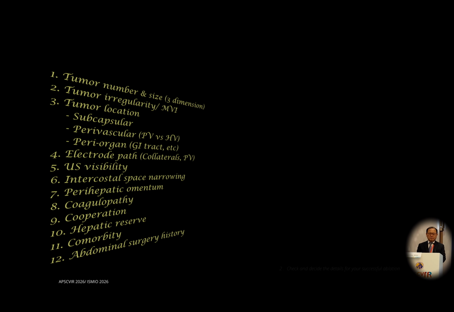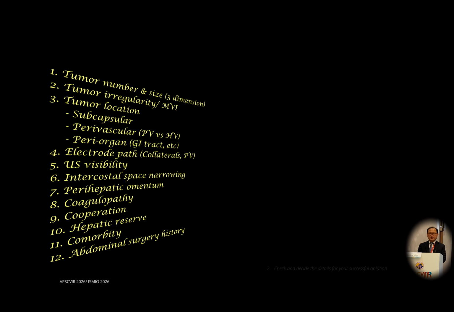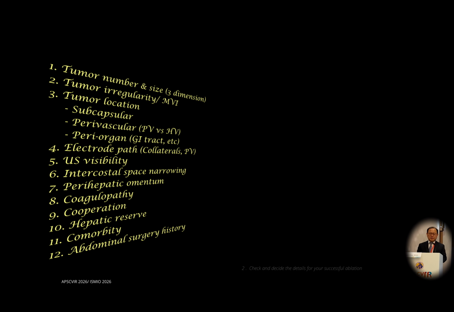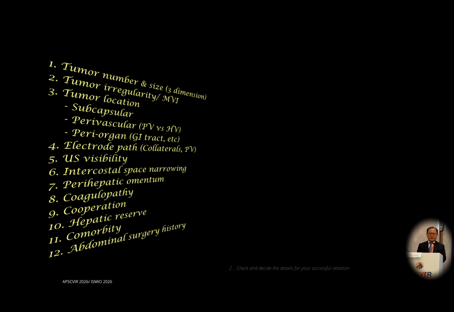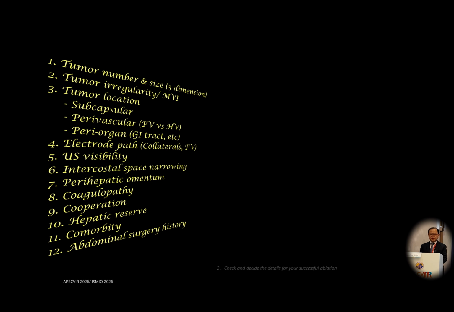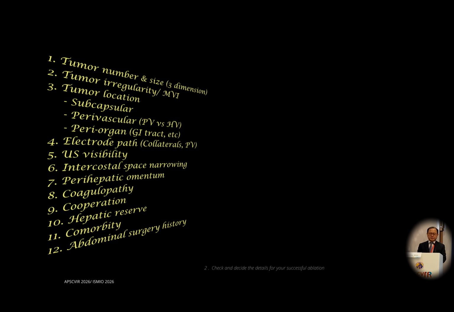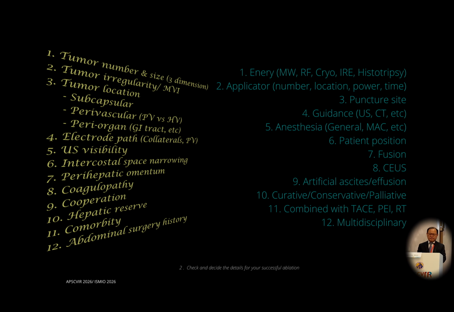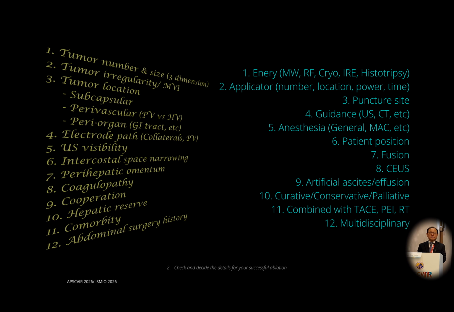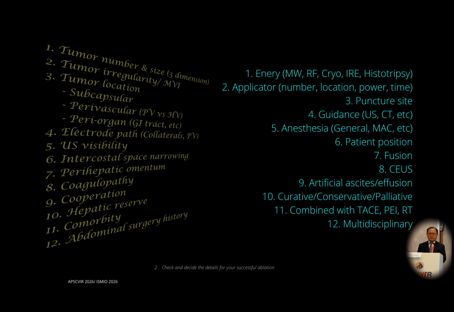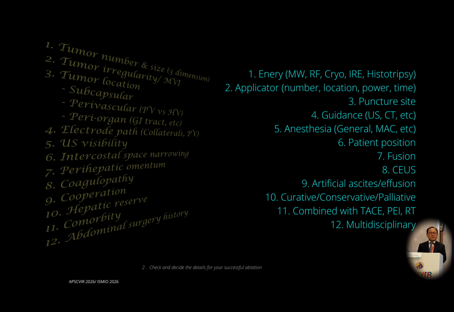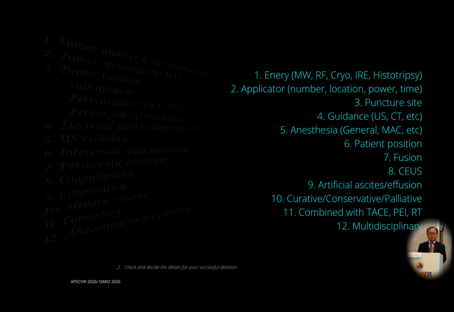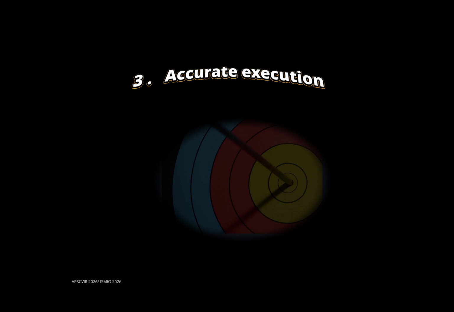Tumor size, number, and configuration, tumor irregularity, microvascular invasion, tumor location, subcapsular, perivascular, or peri-organ, electrode path, ultrasound visibility, intercostal space narrowing, and perihepatic omentum, coagulopathy, cooperation, comorbidity. And also, we should decide which energy we should use, which applicator, number, location, power, time, puncture site, etc.